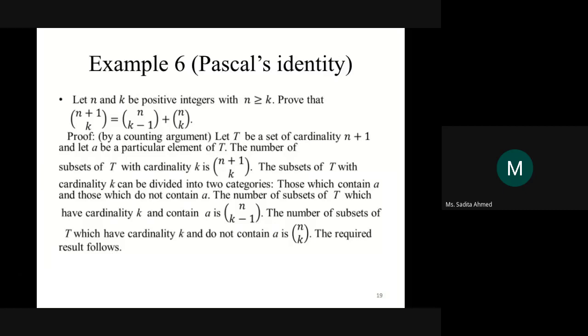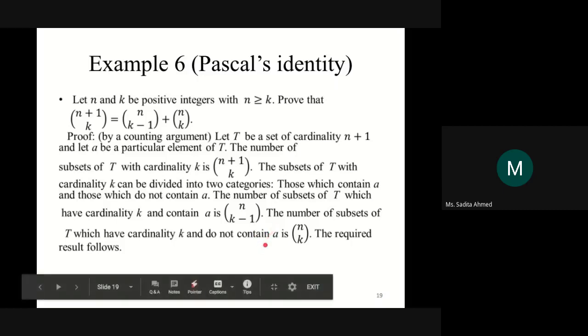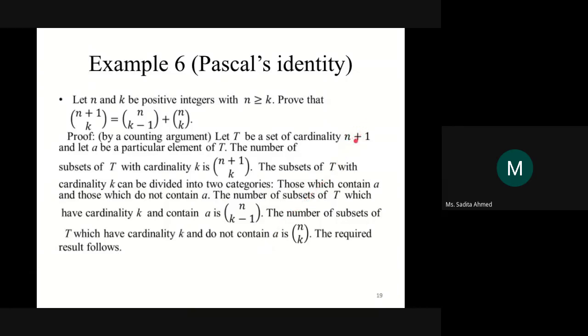The second group, where we have to count the total number of subsets of T which have cardinality k but do not contain A. Okay. Now, in this group of subsets which do not contain A, notice what's happening. Originally, you had n plus 1 options to choose from. In the set T, you had n plus 1 elements.